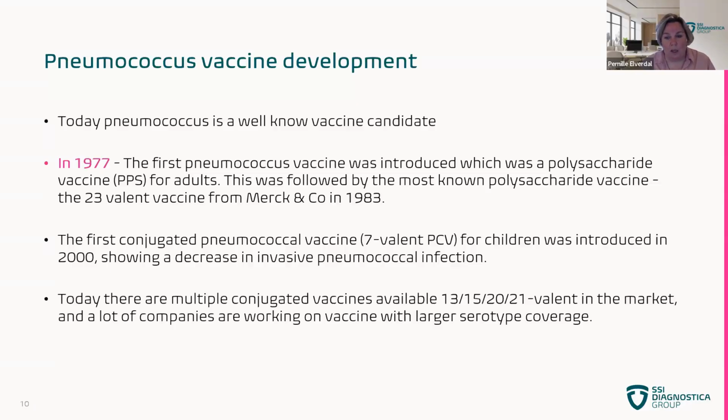The first conjugated vaccine for children, the 7-valent, was introduced in 2000, and that one showed a decrease in invasive pneumococcal infections, both in children, but also in the elderly population, because now we actually hit the bacteria from two sides, both the children who were carrying the bacteria and also the infected elderly population who were now getting their own vaccine against the 23-valent serotypes, along with limiting the spread from the children.